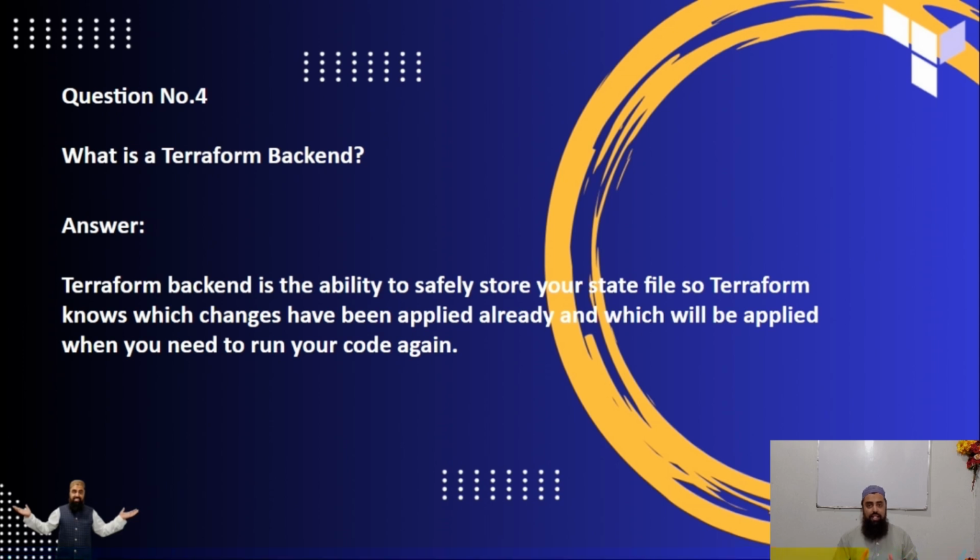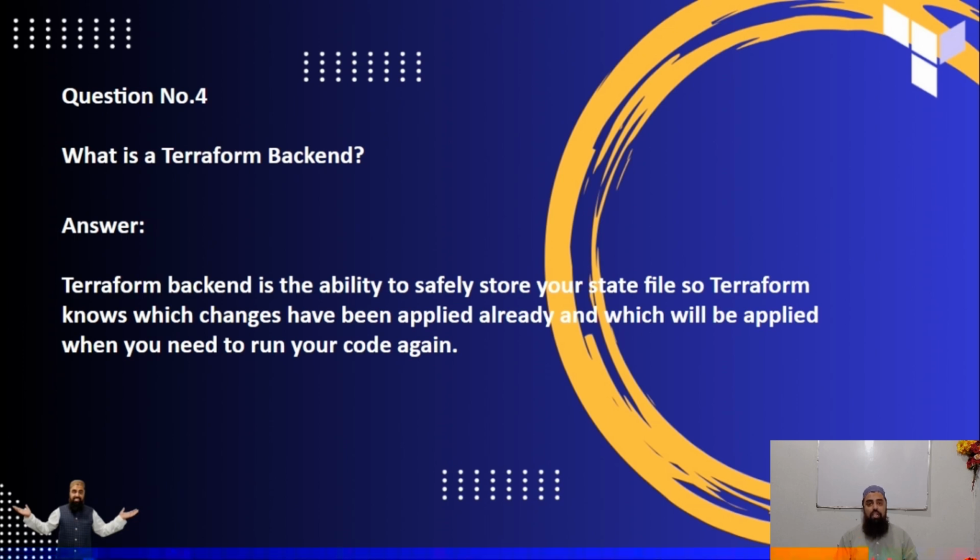So Terraform backend is actually a place where the Terraform state file is stored. And that state file contains the information about our infrastructure. If we modify, if we change, Terraform will definitely look at our state file. And if we have a state file locally, it will obviously look at our local backend.